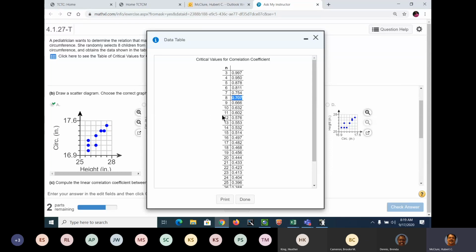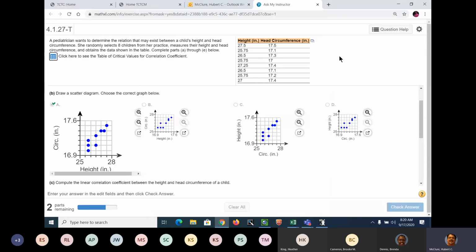Projected R is equal to 0.707. If it's less than 0.707, that means we got a negative slope. If it's more than 0.707, which it is, we've got a positive slope. And that's what they're going to ask you at the end of the problem. That's probably why somebody sent this problem, because of that question.